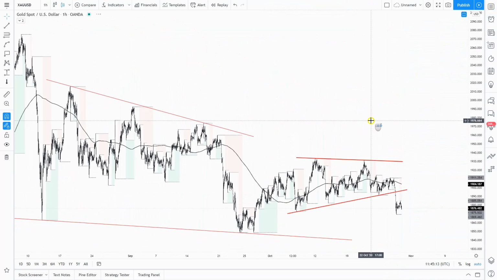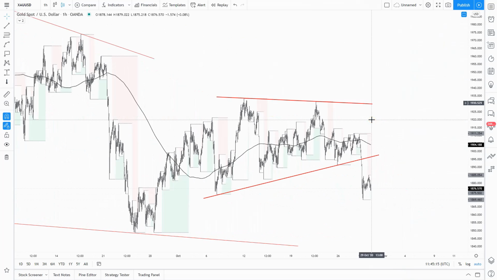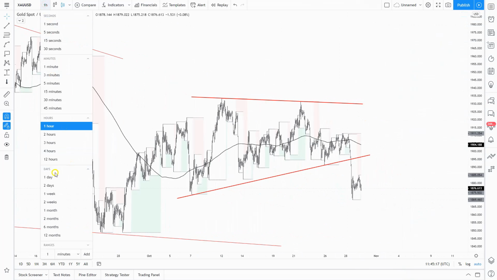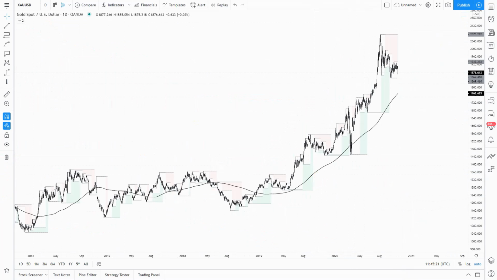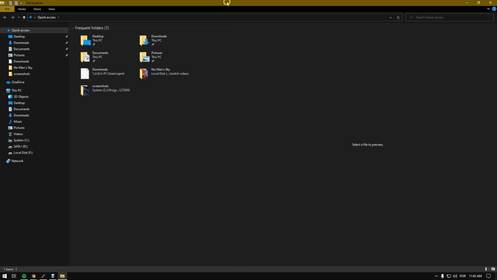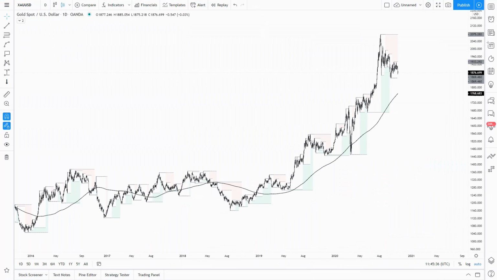Gold, nothing to say at this point, absolutely nothing. I need to readjust my lower time frame charts, but let me show you. Let me search for a specific chart for the gold.